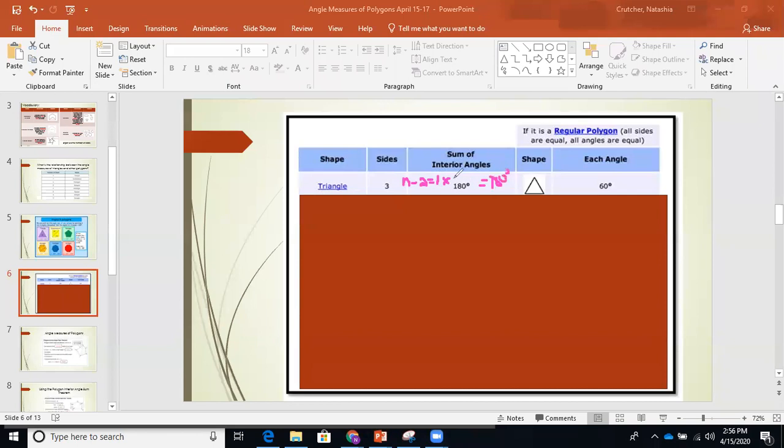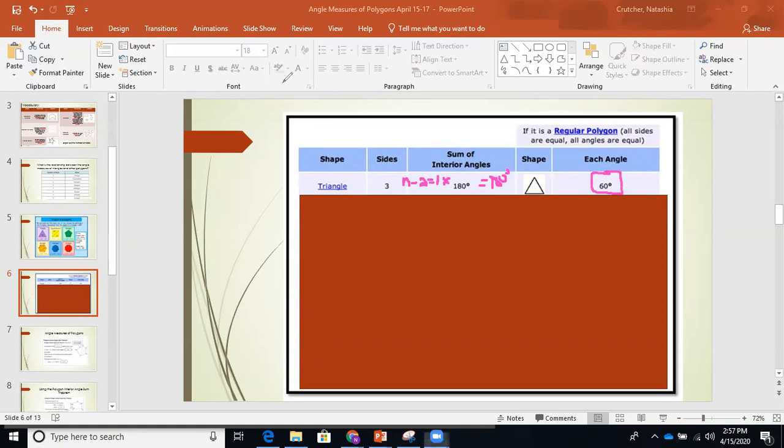Which is what they have there. That's a triangle. So then we have each angle here. Well, all 3 add to 180 degrees. Divide by 3, then each angle is 60 degrees.